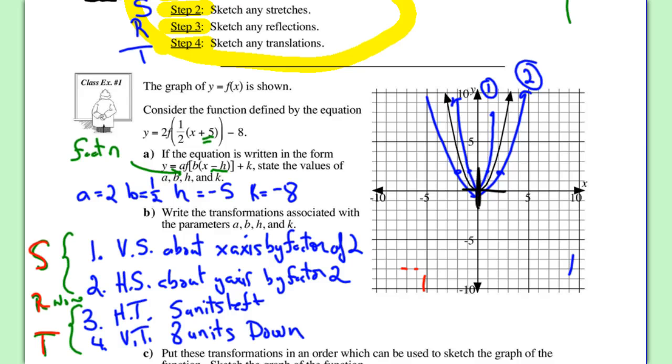Everything is going 5 left, so I draw an imaginary axis like that, and everything is going 8 down, so I draw those crosshairs there, and now I just redraw those points. 0, 0, go over 2, and up 2, and over 2, and up 2, based on these points right here, and I redraw those points, and there is my new graph, which has all the transformations 1, 2, 3, and 4. And that we'll call number 4 right there.